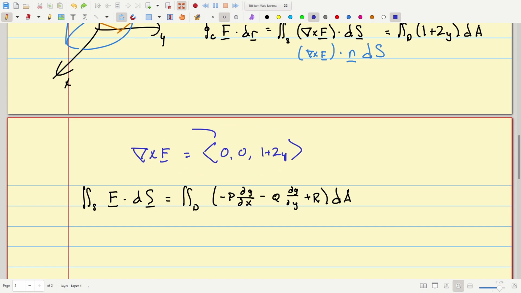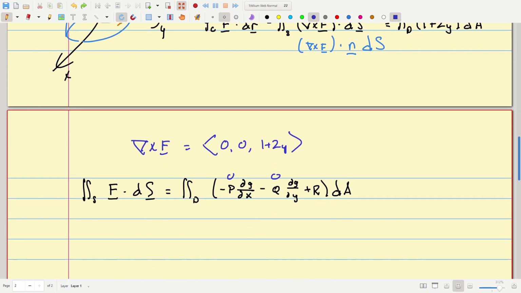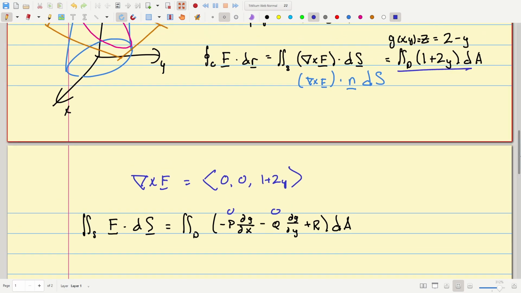This is our f in the way that this formula is written out, and we want to compute this product here. P is 0, Q is 0. So we need to know what this g is in order to use it in the formula, but both of those are taken out by the P's and Q's already being 0. And then we have R here as the 1 plus 2y. So that is why we get this as the integral to compute.